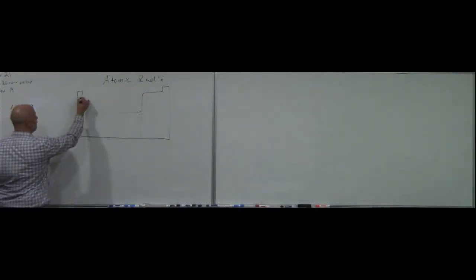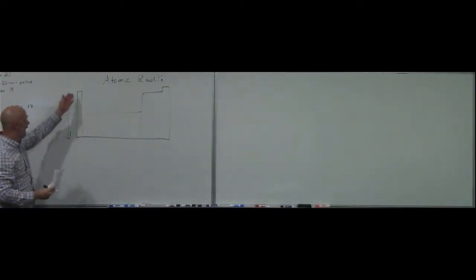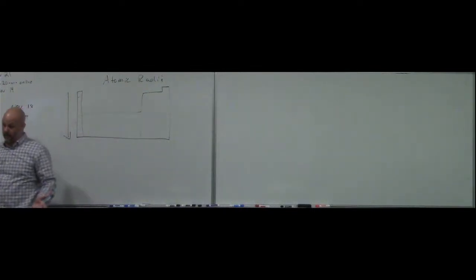So you know that this is going to be bigger. Lithium is going to be bigger than hydrogen, and sodium is going to be bigger than lithium. In fact, that's true all the way down the periodic table. As I move down, it's going to get bigger.